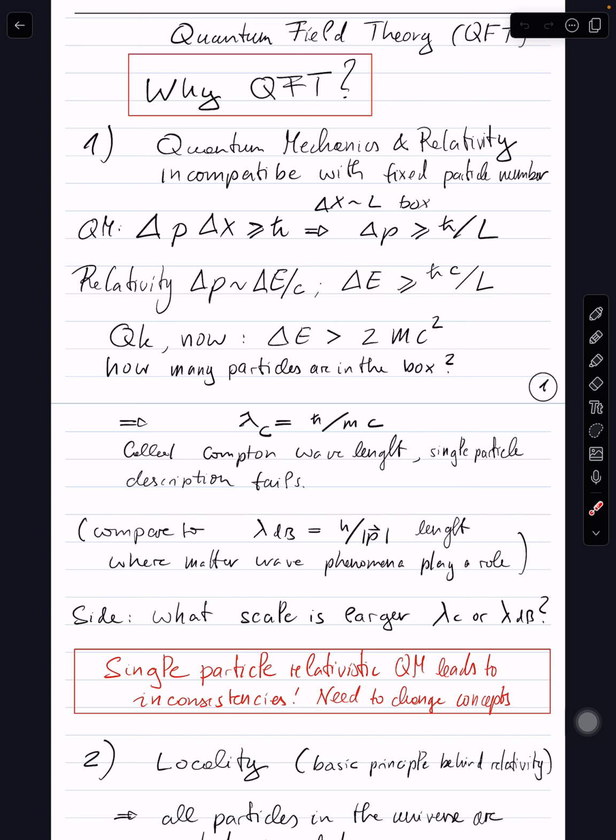However, here I just want to give you an argument why quantum mechanics alone is insufficient when we talk about relativistic systems. Let's assume we have a box of size L, right?